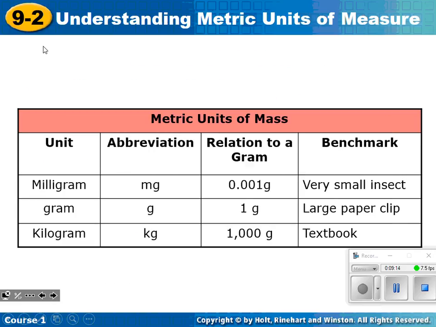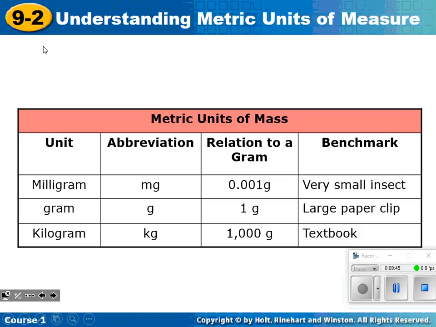Okay, weight, mass, how much things weigh. The 3 most common ones we're going to use is a milligram, a gram, or a kilogram. So a milligram weighs about as much as a mosquito. A gram is about the weight of a large paper clip. It's not a lot. Kilogram is about the weight of like your math book.